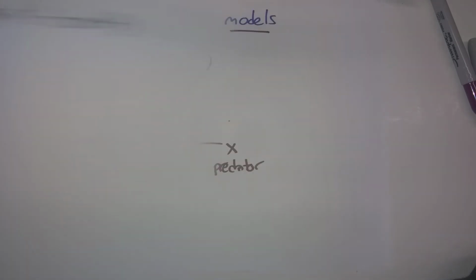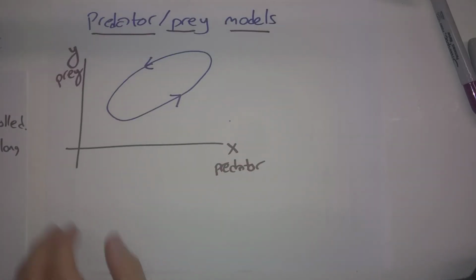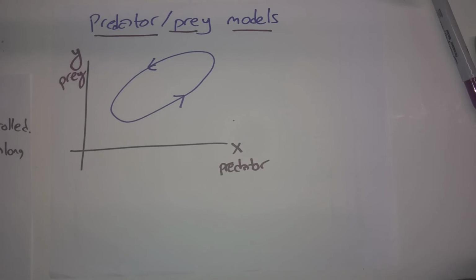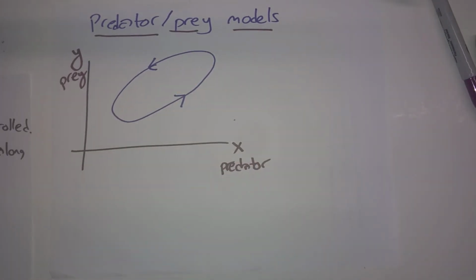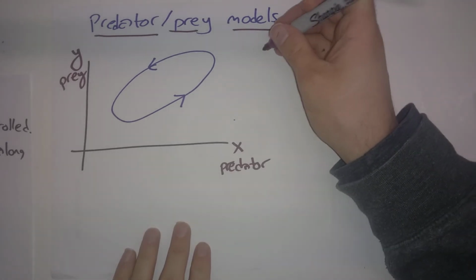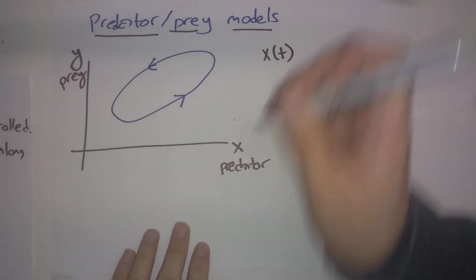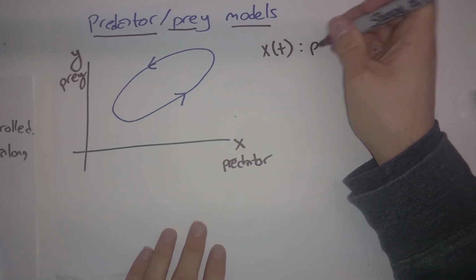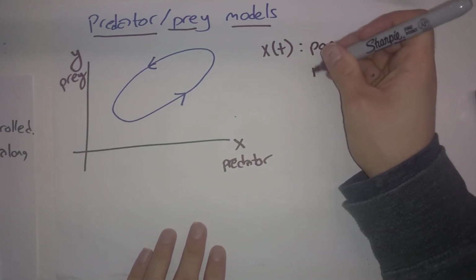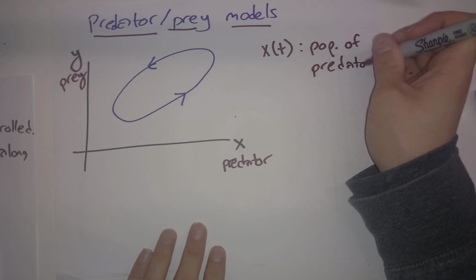One last interesting example in this video: predator-prey models. This is something that comes up a lot in differential equations, but we can just imagine drawing this kind of curve here. So suppose that we have some predator and some prey, and x of t is the population of the predator at time t.